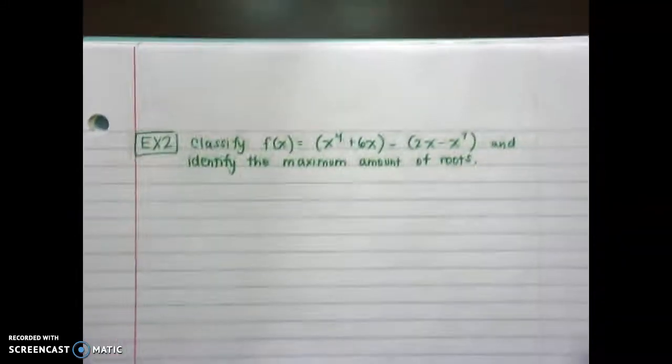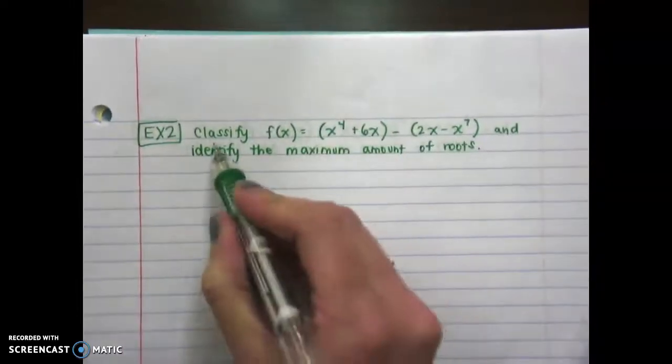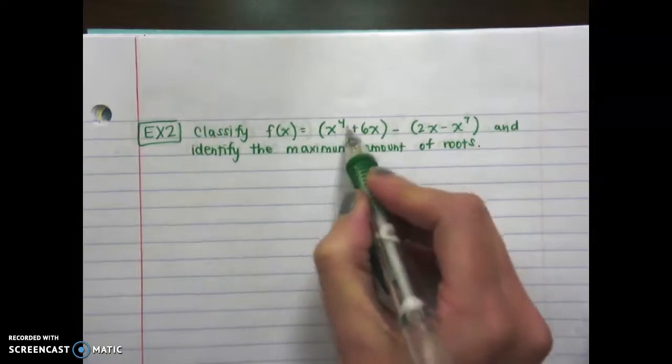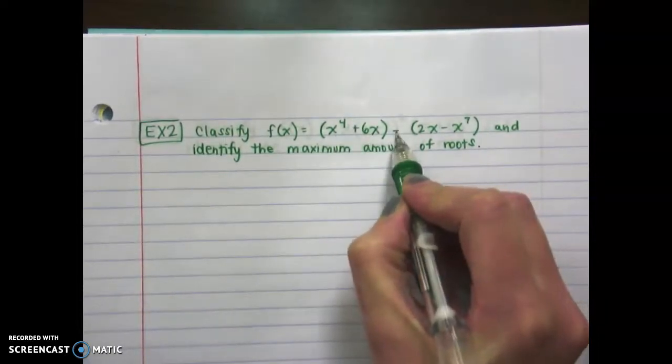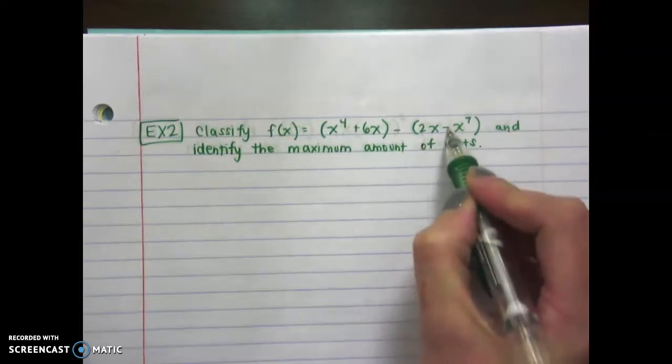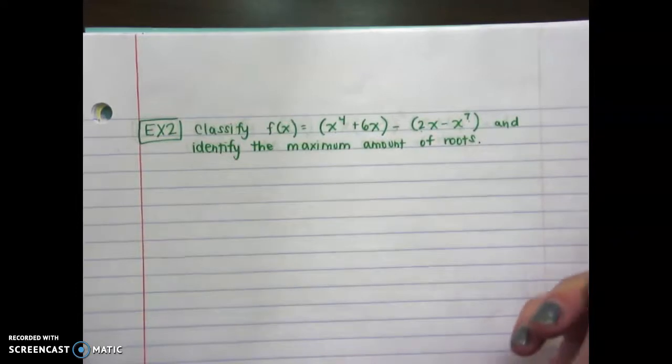Example 2. Again, standard form. I have classify f of x equals x to the 4th plus 6x minus, so I'm going to have to do some operations first, 2x minus x to the 7th, and then identify the maximum amount of roots.